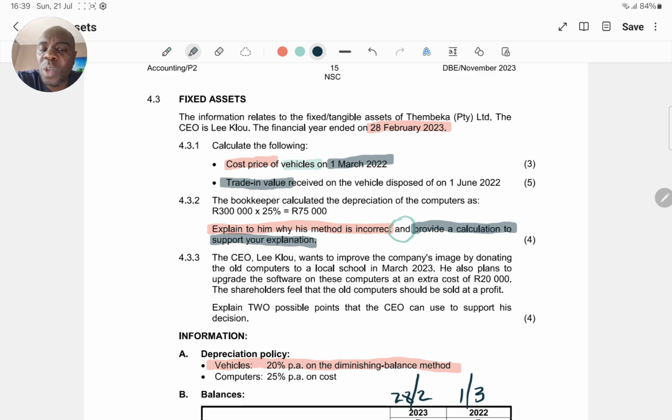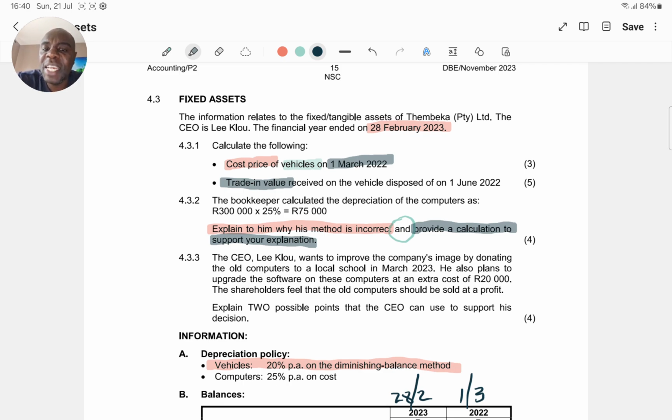So usually learners on such kind of questions, you see that sometimes they just explain, they don't do a calculation, they just answer part of the question without necessarily looking into what it is that the examiner would want me to do fully. So be careful on questions like this. So for you to get the 4 marks, number 1, you explain why his method is incorrect and you also provide a calculation.